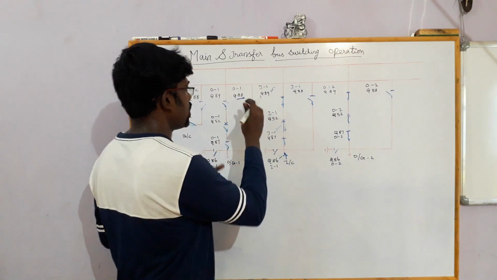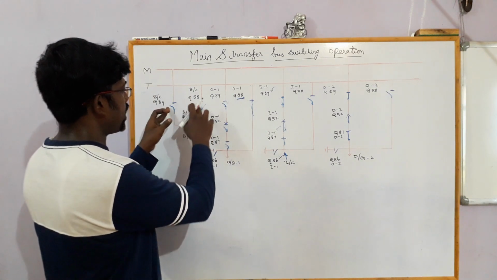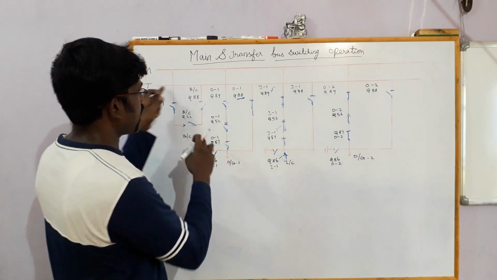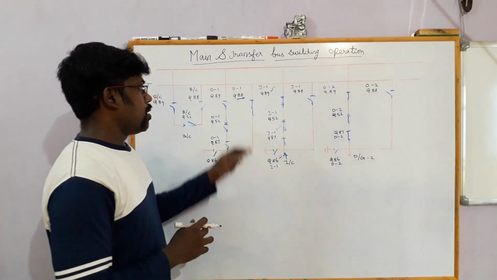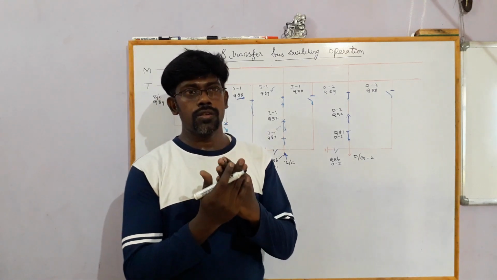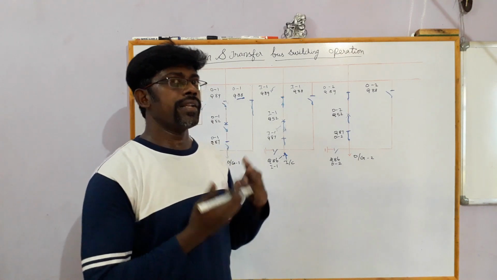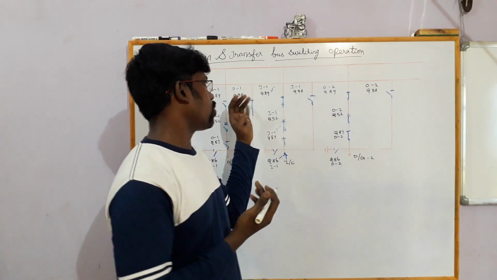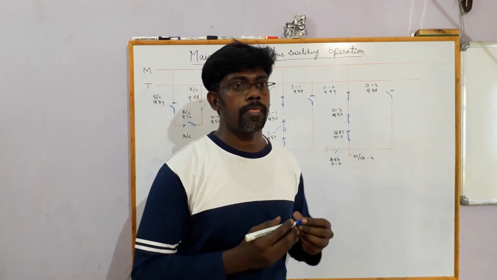Now we close. After this we can close this isolator. If we close this isolator and breaker, now the transfer bus will get charged and it will give supply to the other end. This isolator should not be closed in load. If it is in load, when you close it, due to load it gets a spark and damage. To avoid this, we go for this type of closing.